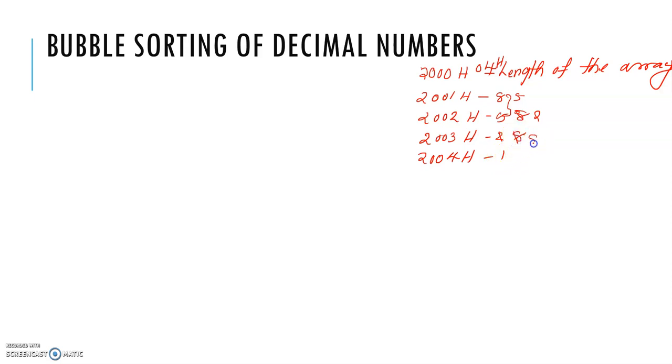When the second number is smaller than the first number, we will swap it. If the second number is greater than the first number, then we can go and check the next two numbers. So here you can see, here it comes 8 and here it comes 1.